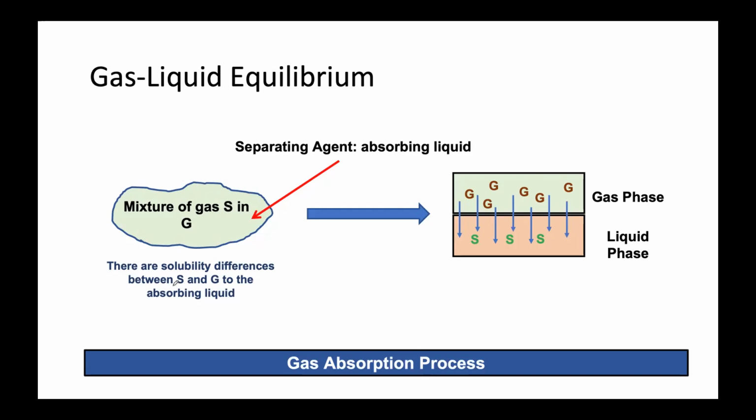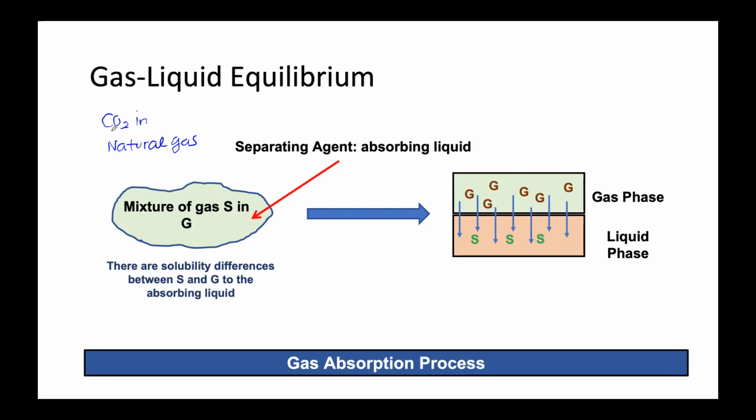So if we add an absorbing liquid into the gas mixture, for example the absorber, this is a mixture of CO2 in natural gas.